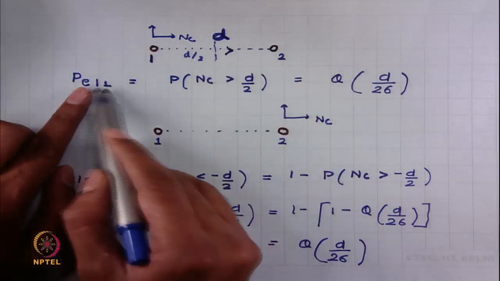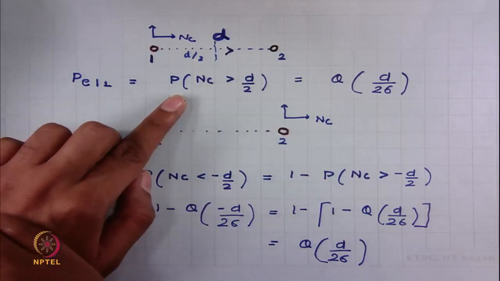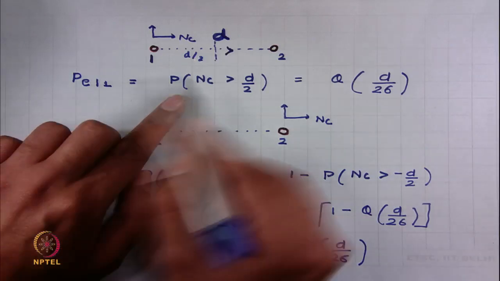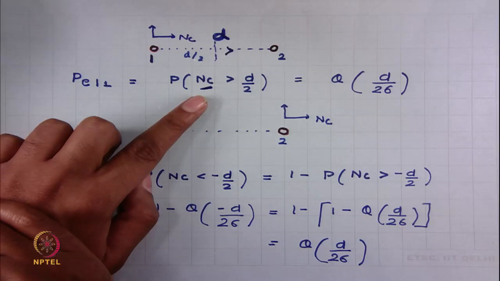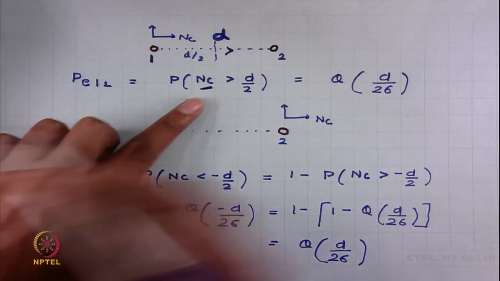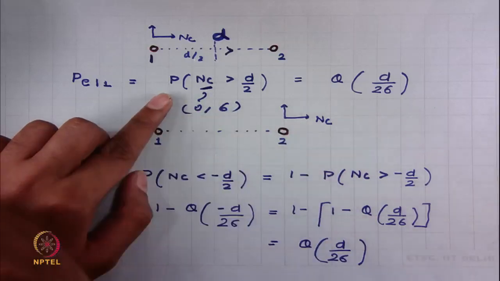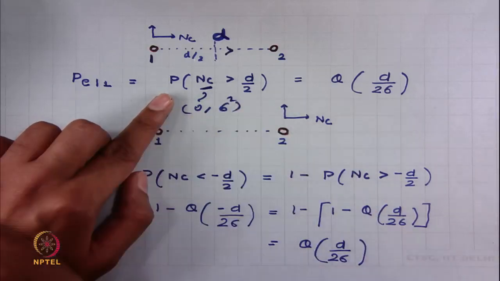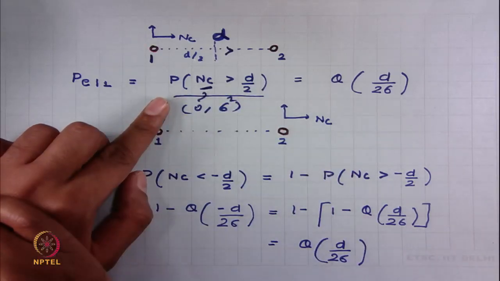So, an error will happen when NC becomes larger than d by 2, and we know that this random variable is a Gaussian random variable with mean 0 and a variance of sigma square, and we know how to calculate the probability of this event in terms of the Q function.